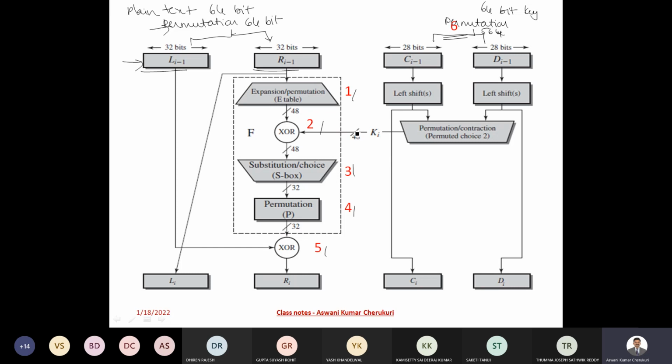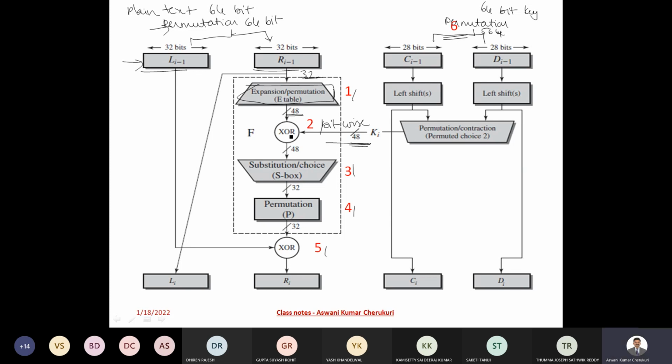A few minutes back we said the key size is 48-bit, but the right side of your text block is 32-bit. So this 32-bit has to be expanded to 48. There is a table called the expansion table. With that we expand the 32-bit to 48-bit, and you can perform bitwise XOR with the key.